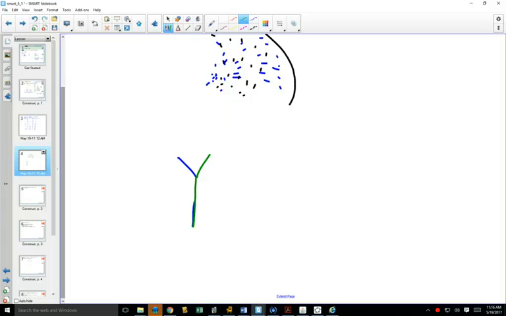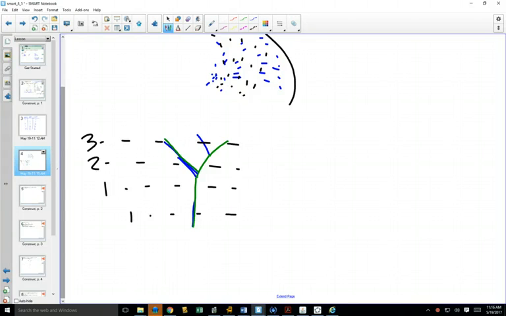And the next series, the strong one branches off again, and the weak one becomes strong. Whoops, that's supposed to be green. And so if you look at cross sections, you started with 1, 1, and then 2, and then 3. And if you keep this going, it models how a plant grows.